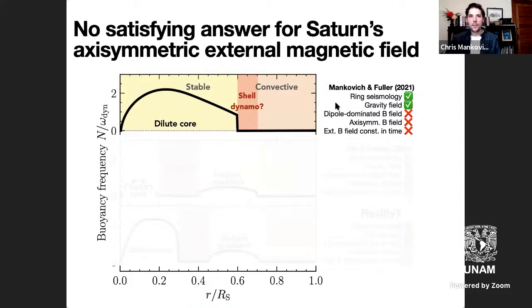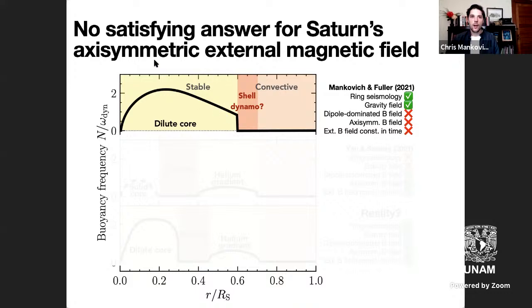One major thing is that we also have no satisfying answer for Saturn's peculiar magnetic field. You might know that Saturn's magnetic field externally appears almost perfectly axisymmetric, which is kind of a surprise given that it's thought to be generated by dynamo action somewhere inside the electrically conductive part of Saturn. An axisymmetric dynamo can't exist from fundamental arguments.